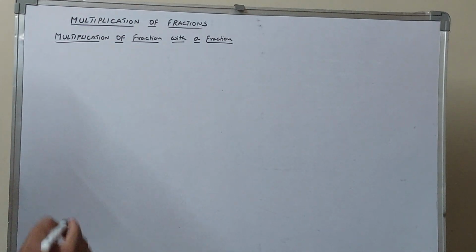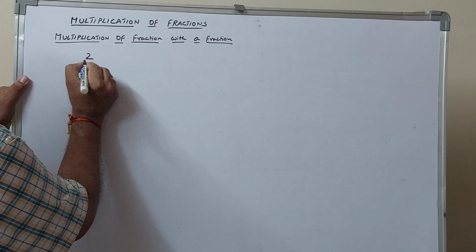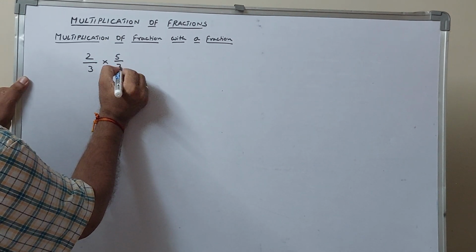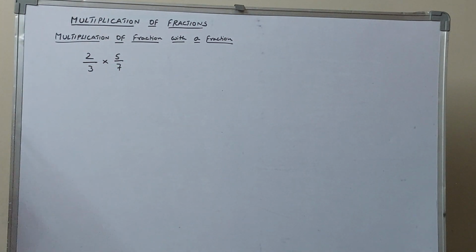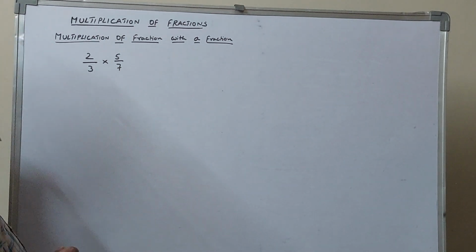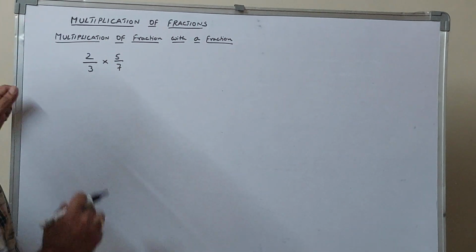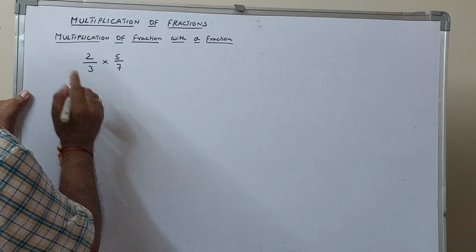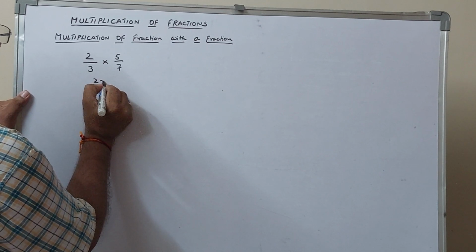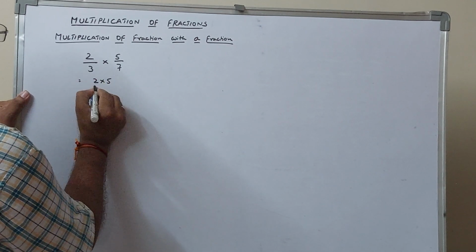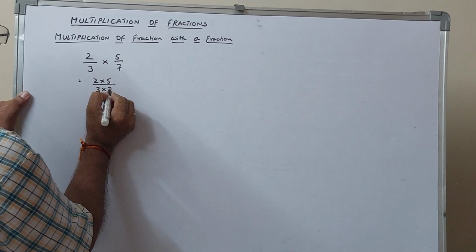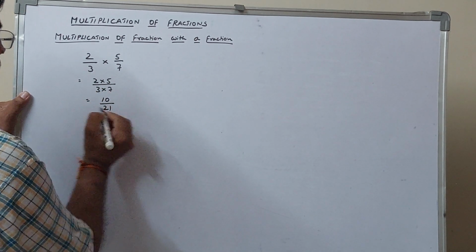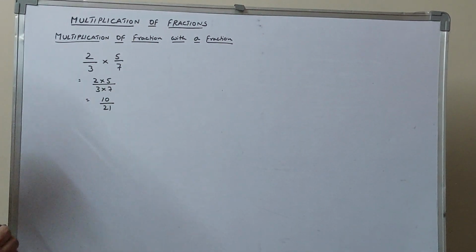See, you want to multiply 2 by 3 into 5 by 7. What we have to do is simply multiply the numerators and multiply the denominators. See, 2 into 5 by 3 into 7, that is equal to 2 fives are 10 by 3 sevens are 21. That's all. This is the multiplication of fractions.